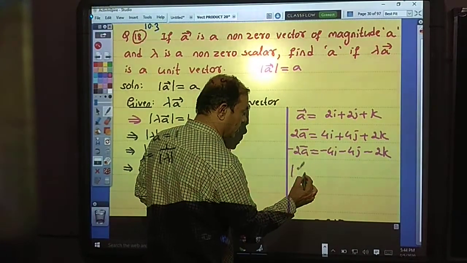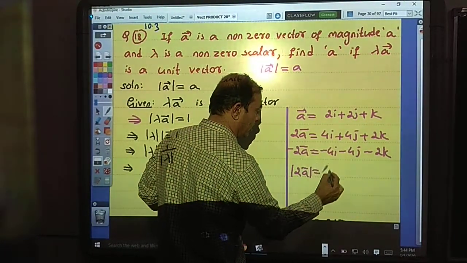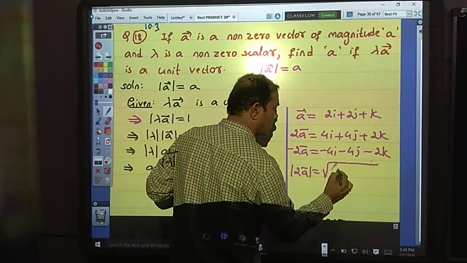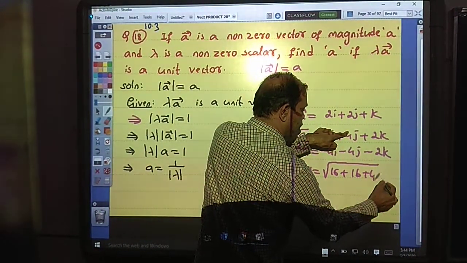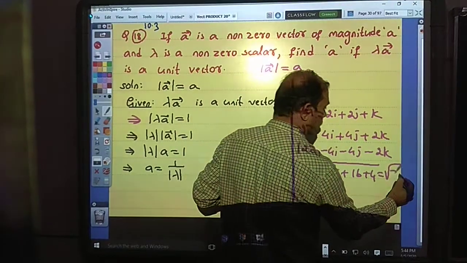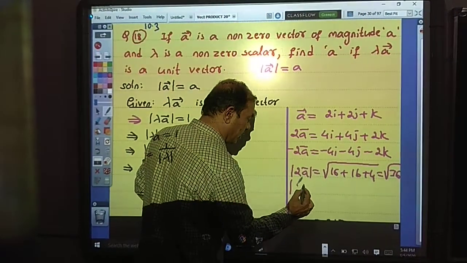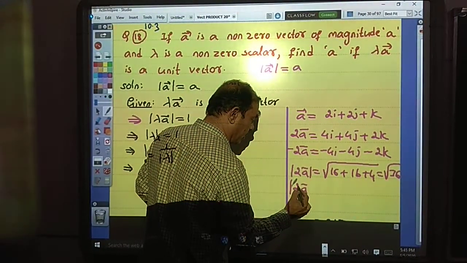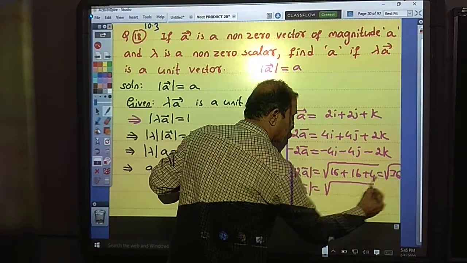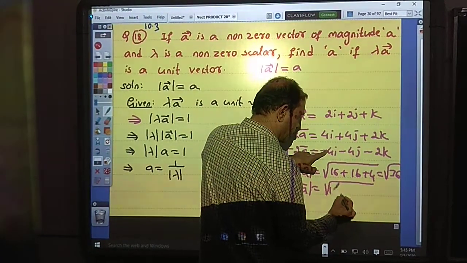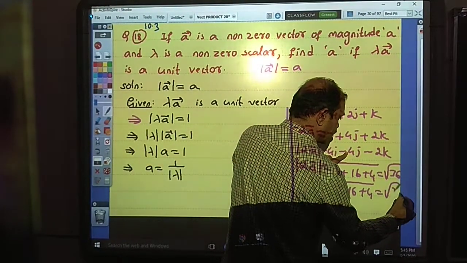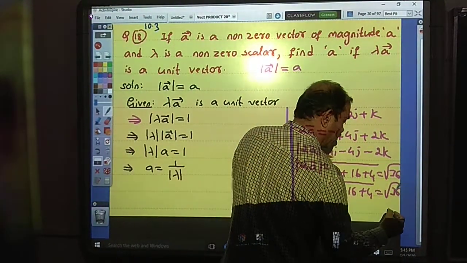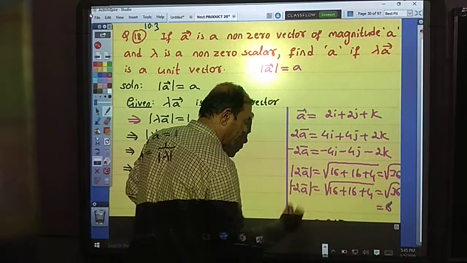If you take the magnitude of 2a, it will be 16 plus 16 plus 4, that is root 36. And if you take the magnitude of minus 2a, it is again minus 4 square, 16 plus 16 plus 4, root 36. So the magnitude cannot be negative in both cases.